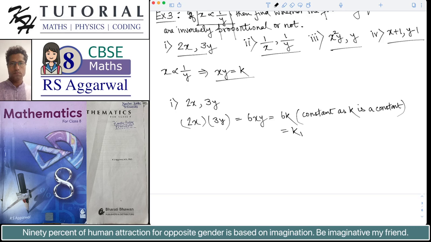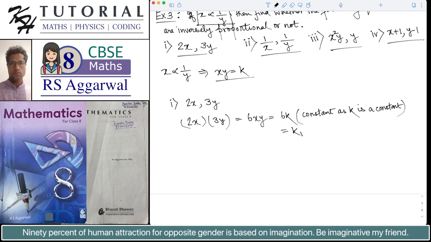So the product of the quantities 2x and 3y is coming out to be a constant. Now this constant is k1, which is 6k, which is definitely a different constant. So for the quantities 2x and 3y, the constant of variation is 6k, where k is the constant of variation for the quantities x and y.